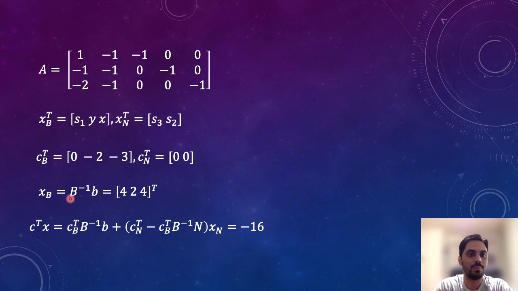And for the first term, we have already computed B inverse b, so we just simply multiply this with CB. That should give us minus 2 times 2, that is minus 4, and minus 3 times 4, that is minus 12. So total is minus 16, which is our final objective value. So this is our overall revised simplex method.